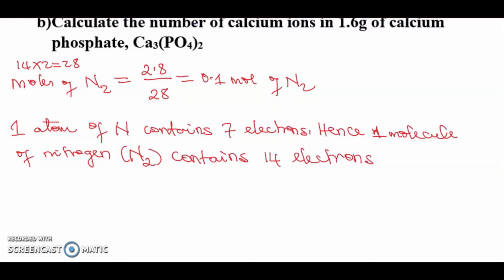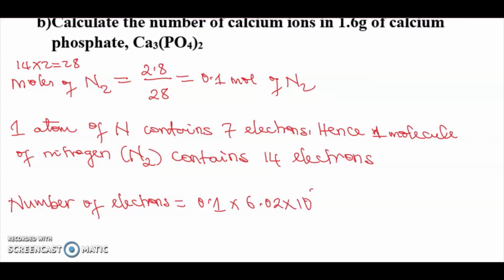Okay, bearing that in mind, therefore, we can calculate the number of particles. So, number of electrons is equal to the number of moles, 0.1, times Avogadro number, 6.02 times 10 to the 23, times the number of electrons we have here, 14.